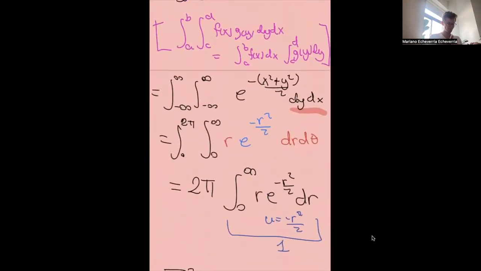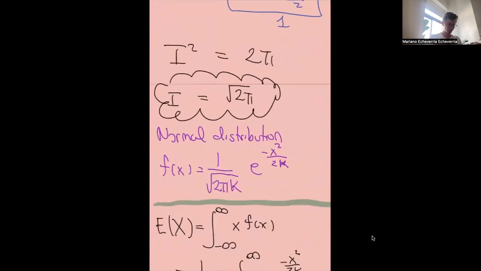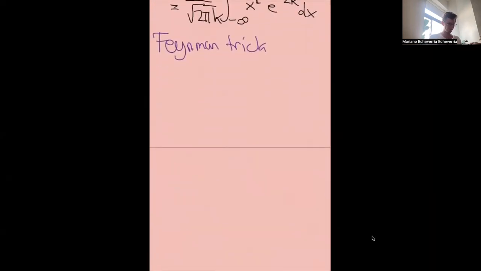You can start from this formula that I had written here. There are other ways to motivate it, but let me start here. We had already found this formula for the value of this integral.